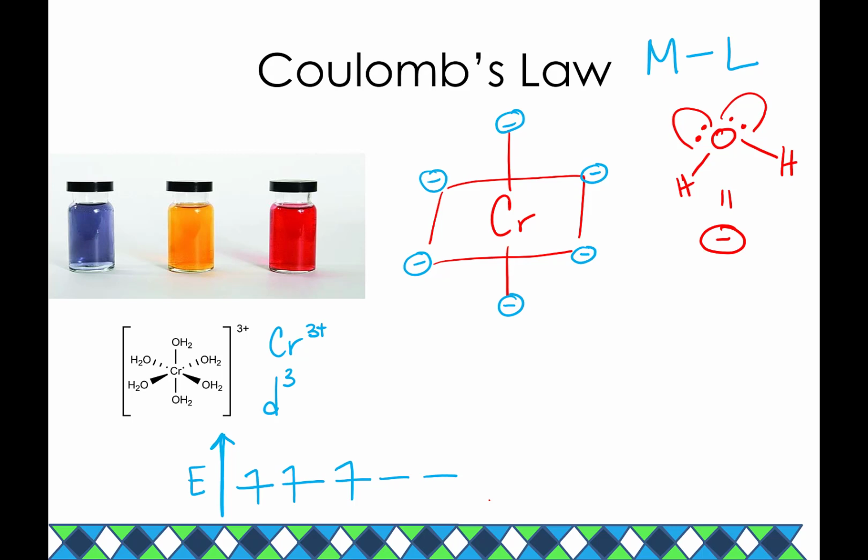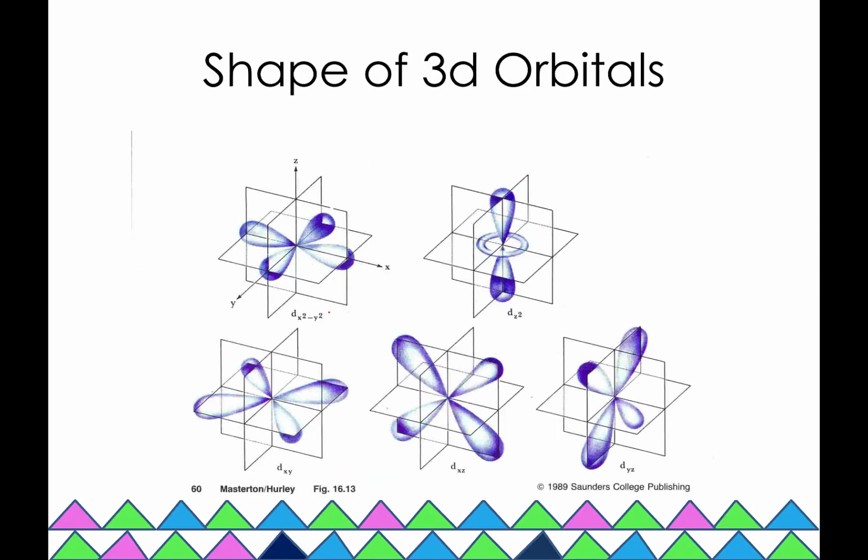However, we need to think about the shape of these 3D orbitals, because some of our 3D orbitals are pointed along our x, y, and z axes. So if we're thinking about the same octahedral complex, we're going to define this as the x, y, and z axis.